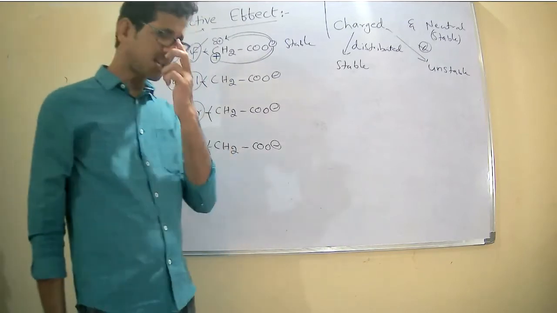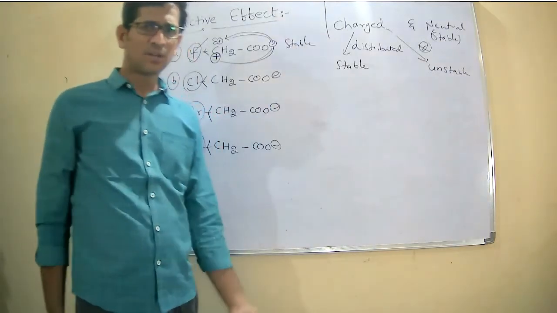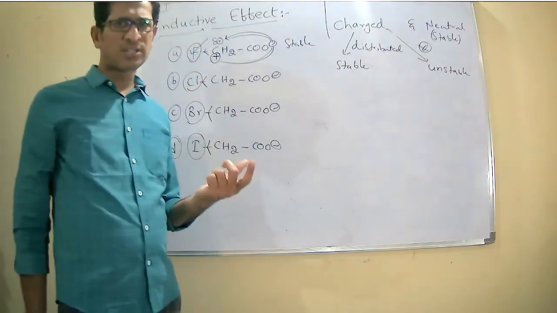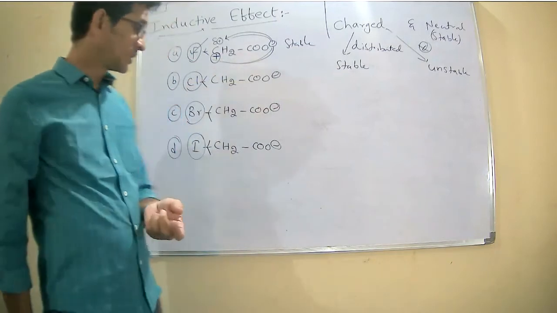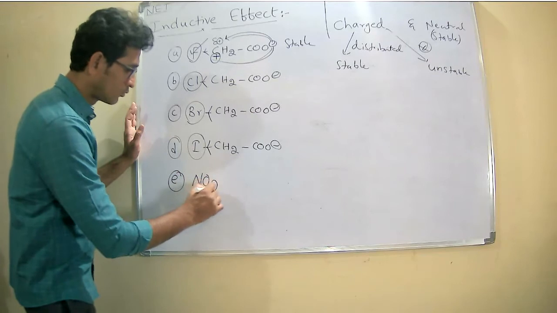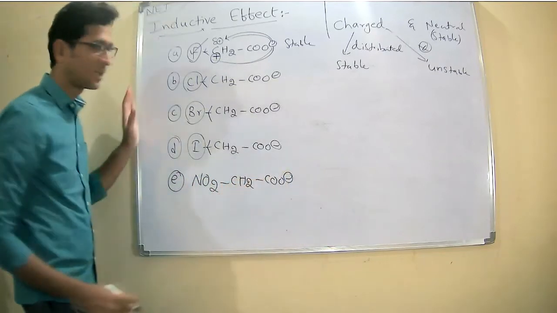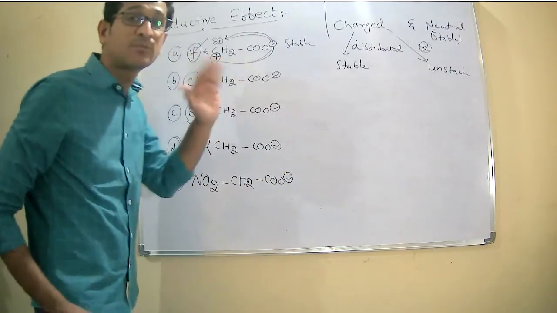Right, okay, that is fine. Everybody can answer this question because we know the electronegativity of the halogens. Fluorine is more electronegative, we know that too. But if I add one more option, E, NO2CH2COO, among all these five, which is more stable?